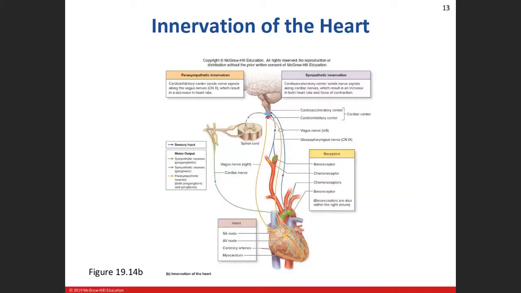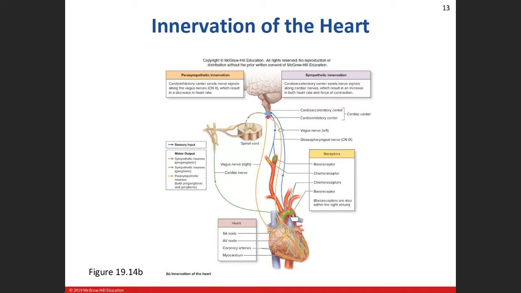So this picture here, I'll zoom in a little bit, kind of shows you that relationship. You've got your parasympathetic and your sympathetic divisions, all here in the medulla oblongata in the brainstem. I'm not going to walk through all of this with you, but a couple of things you should understand.